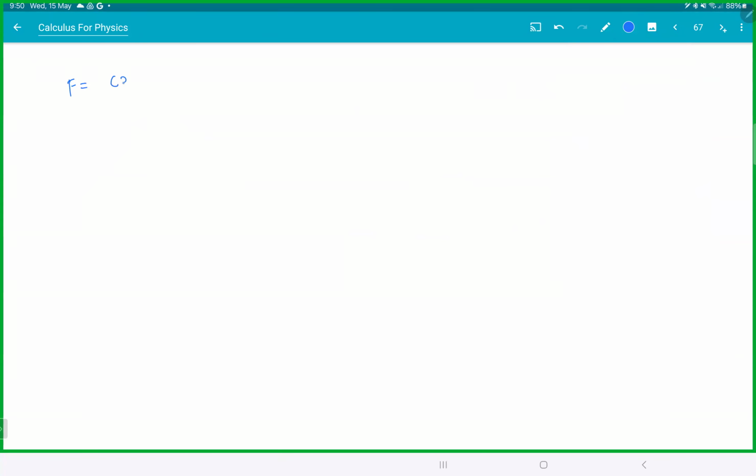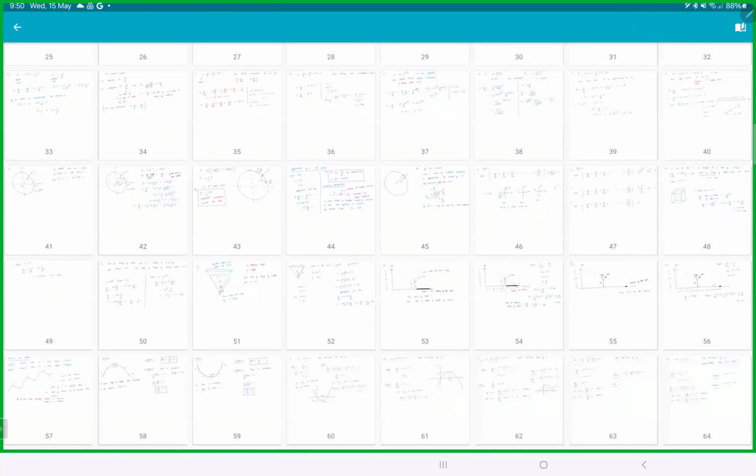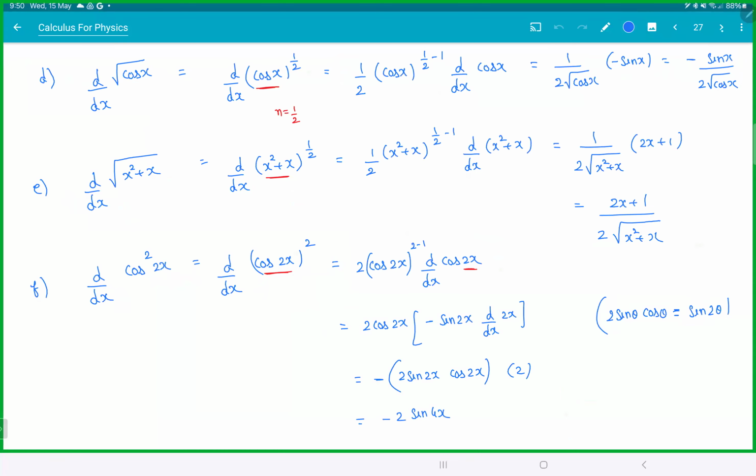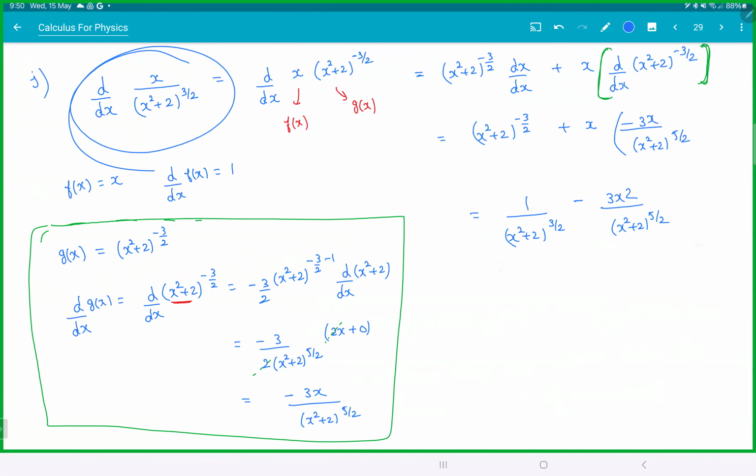So f is Cx by (x square plus d square) whole power 3 by 2. You know how to differentiate this. I taught you. There, see, I told you this will come.